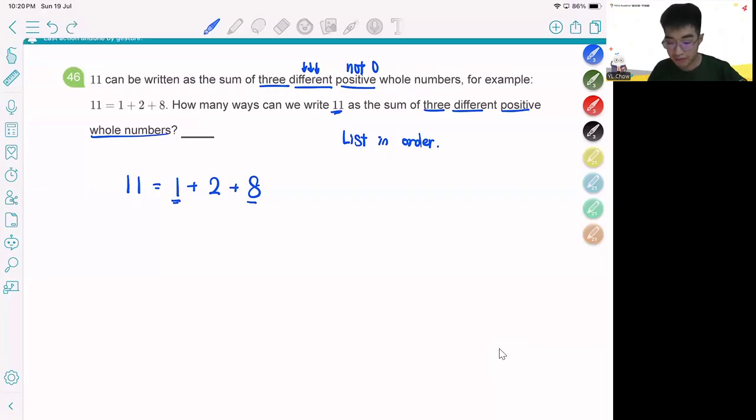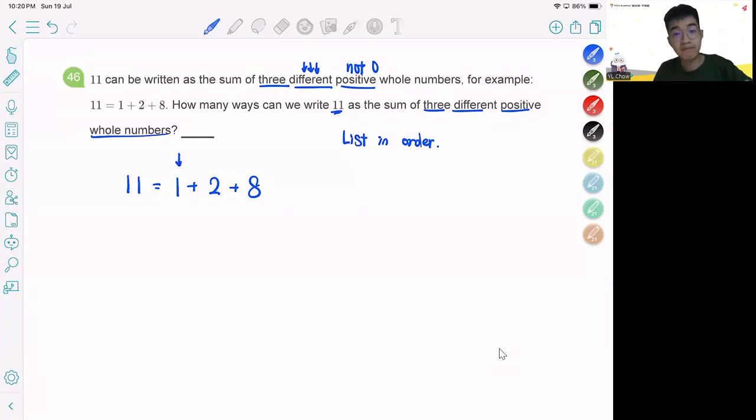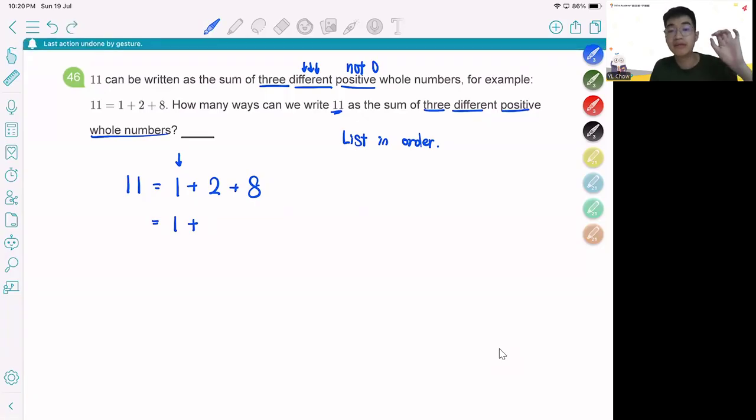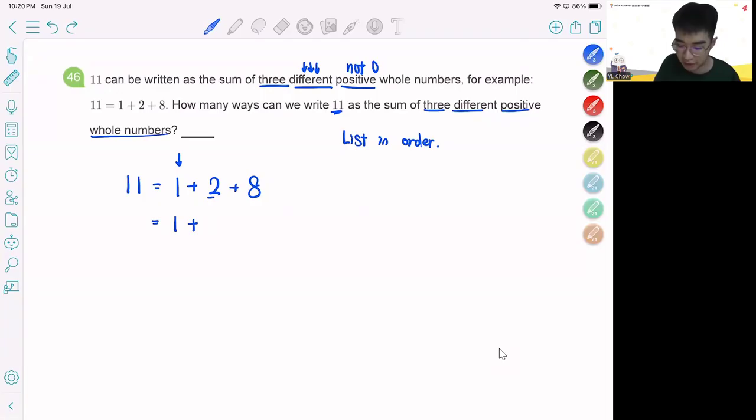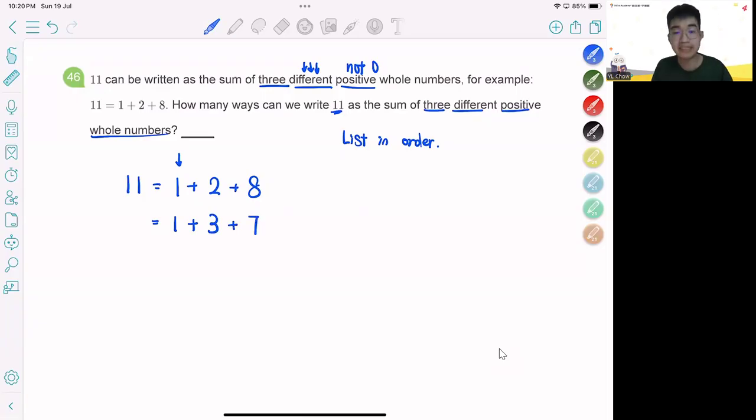Okay, so let's start from the smallest possible first number, which is 1. Now, of course, 1 plus 2 plus 8 is an example. Now, what's the next example? 1 plus what? I tried 1 plus 2. Of course, I can't do 1 plus 1. Now, when we list in order, we try to list from small to big. So after 2, the next smallest number I can consider is 3. 1 plus 3 plus 7.